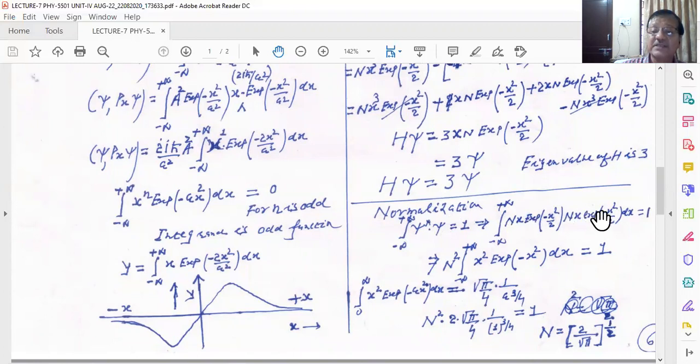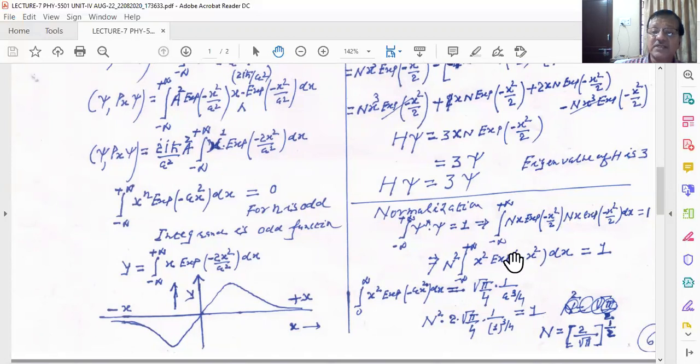Again nx exponential of minus x squared by 2, right? So these n and n give you n squared, x into x gives you x squared, and exponential of minus x squared by 2 into exponential of minus x squared by 2 gives you exponential of minus x squared.